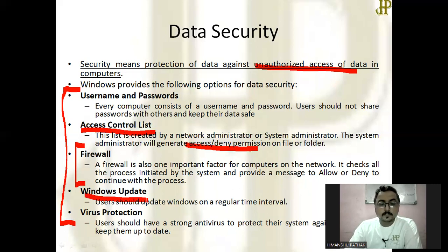And at last, virus protection. For virus protection, you have to install some antivirus, and that antivirus protects your system against any unwanted activity. Clear?